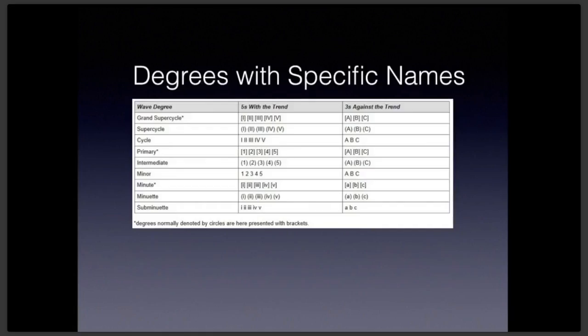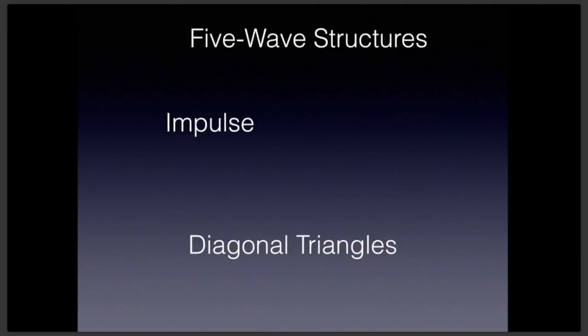We use a lot of degrees when it comes to Elliott waves. On a higher degree, let's say on a weekly chart, a daily chart, a 4-hour chart, or a 1-hour chart, we use different symbols. You can see a lot of those in your traders report.